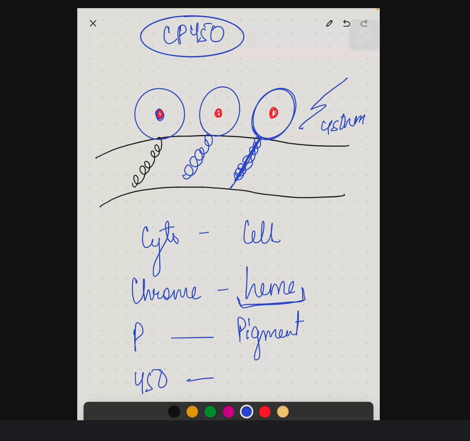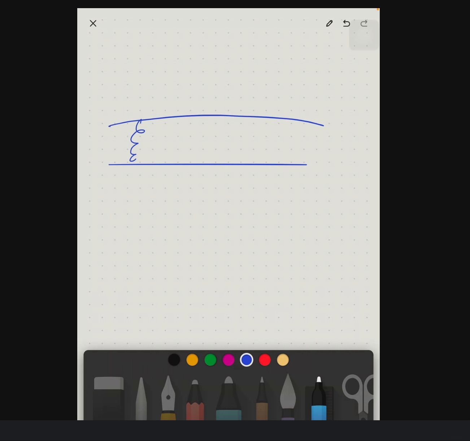It's a broad term for various enzymes. So cytochrome P450 is like these membrane bound enzymes. This is P450 and it has some subunits attached to it, and these subunits are also named. Cytochrome P450 is the main name or the main family. And then, for example, let's take 1A2.